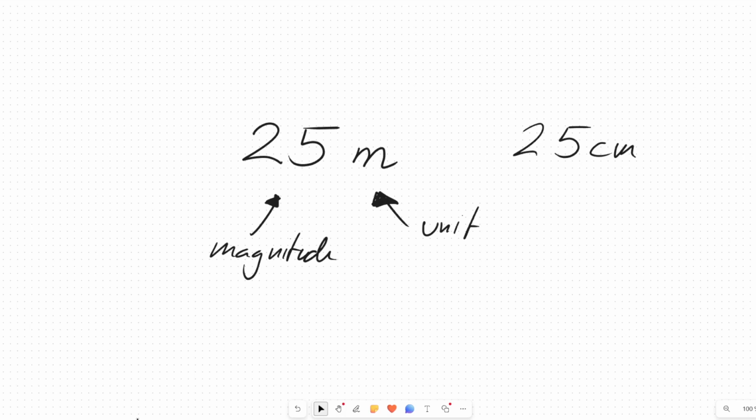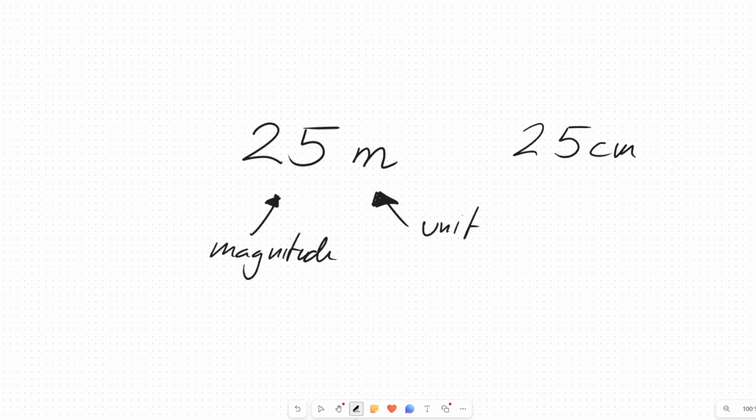In that case, we know that we are referring to a smaller length, because we all know that a centimeter is very small in comparison to the meter. So in order to measure in science, we need to determine a numerical value, but followed by a unit, which gives us the reference we need to compare. All right, so that's the first thing that I wanted to talk about in this video.